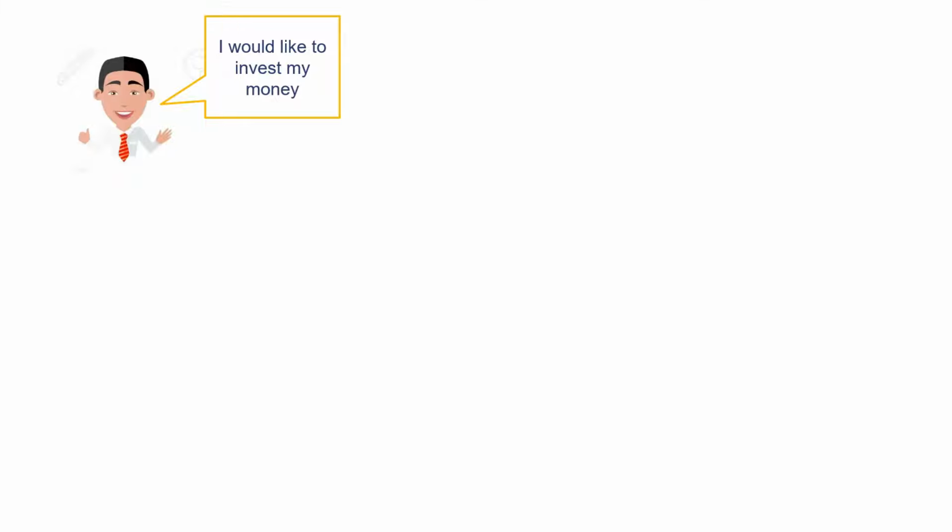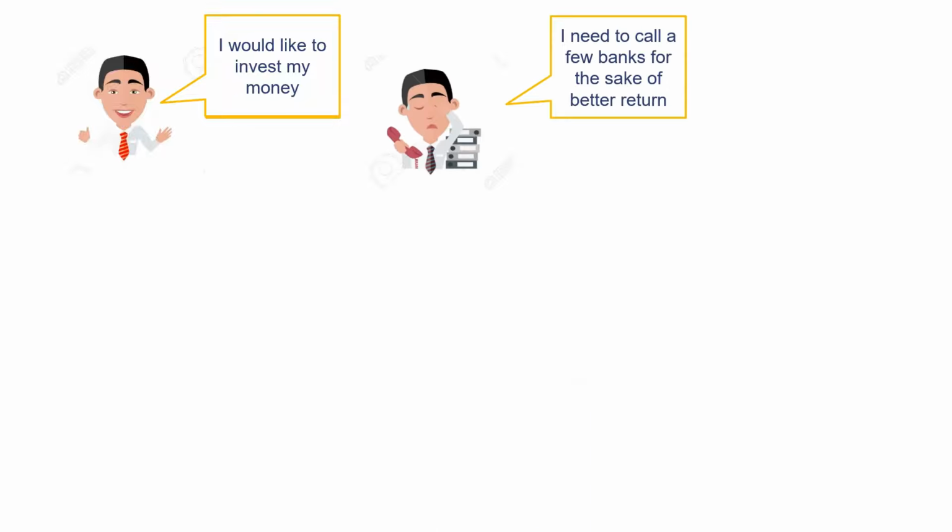Let me give you a situation so that you know how useful the effective rate is. The situation is here: Ali, he is a wise person. He wants to apply an investment that will give him a better return. So he called a few banks to get the investment plan offers.